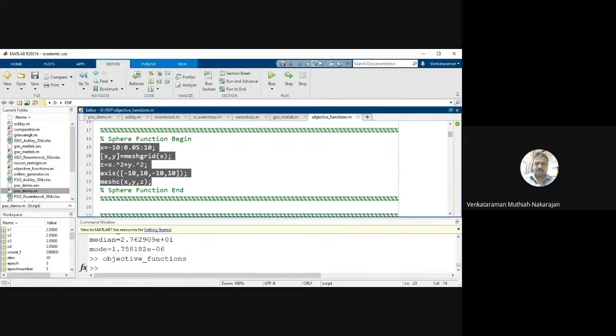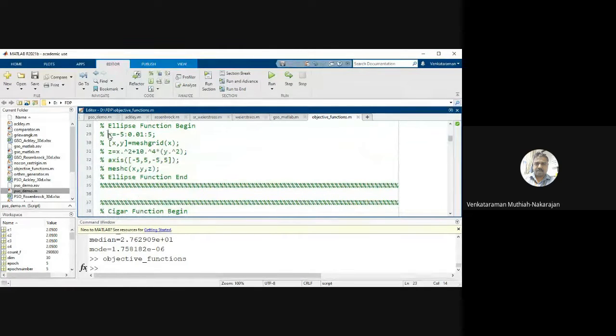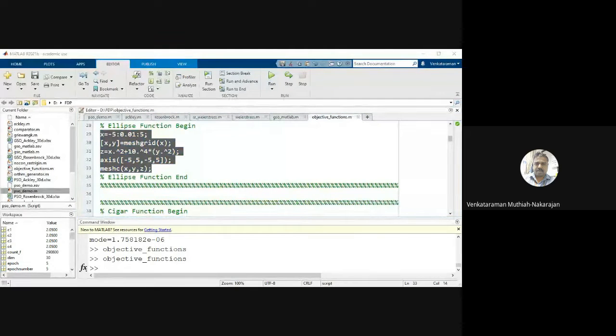Okay. So I'll show you one more example of the unimodal function. This one is an elliptical function. It looks like an ellipse, and it also has one minima. Okay.